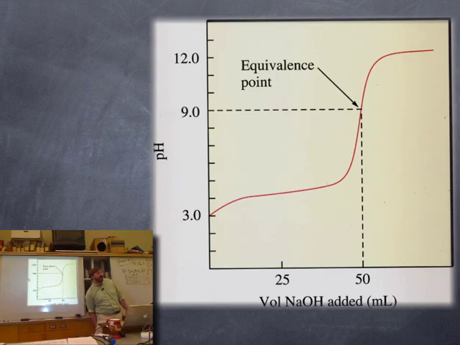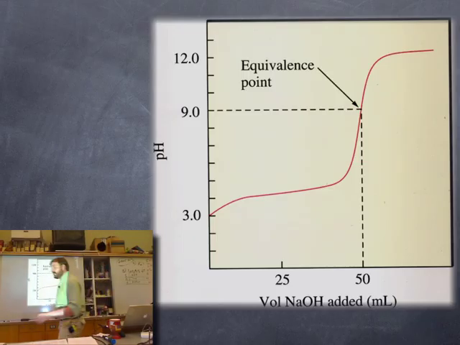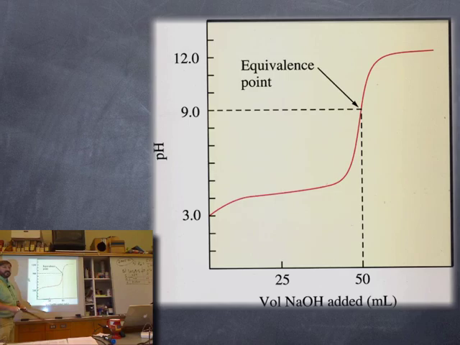Now, of course, we want to be able to determine the equivalence point, and we're typically going to do that using graphical methods. If you are given a graph like this, say I do a sample in class on Monday, we collect a bunch of data, and I ask you to do a graph, you will need to find this equivalence point. Typically, that's done graphically.